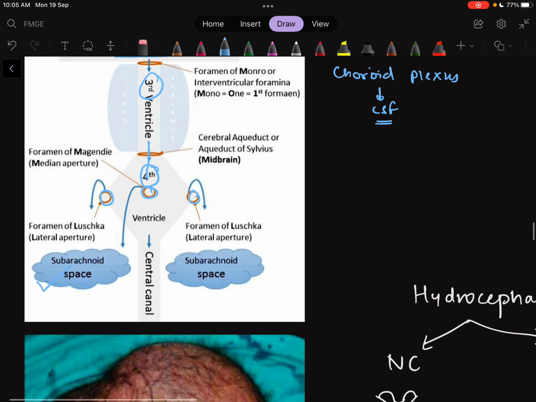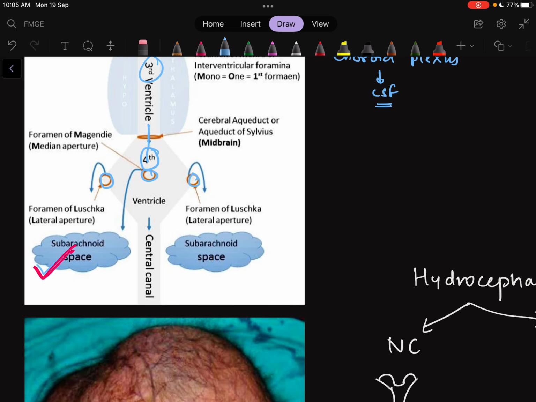This will drain in subarachnoid space. And remaining CSF will flow down toward the central canal around the spinal cord. This regulation is going on.